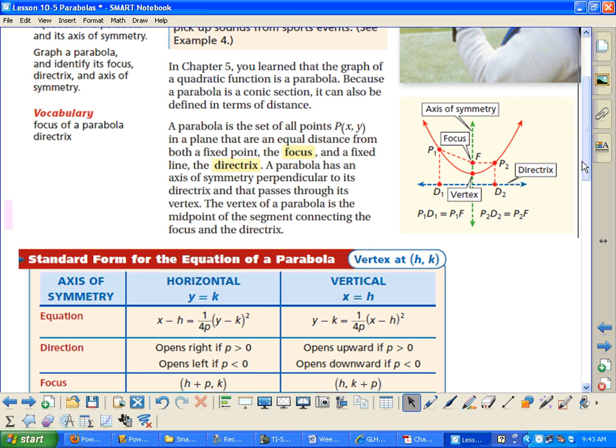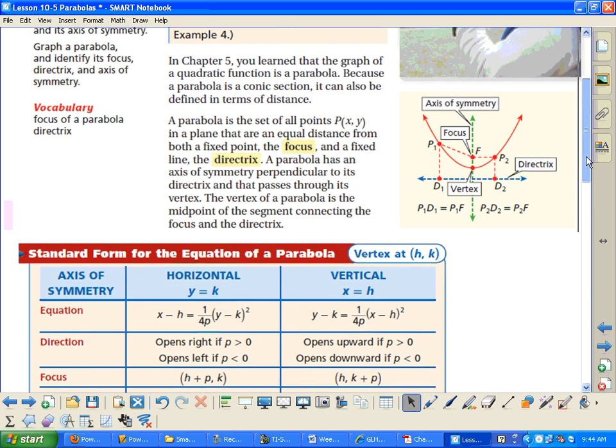Remember, the vertex is the turning point. We talk about turning point instead of max and min because when we open it left and right, which we're going to do also, you have to think of it as the turning point where it changes directions. So we have the directrix, this line outside the parabola, the focus on the inside, and the vertex right in the middle between the focus and the directrix.